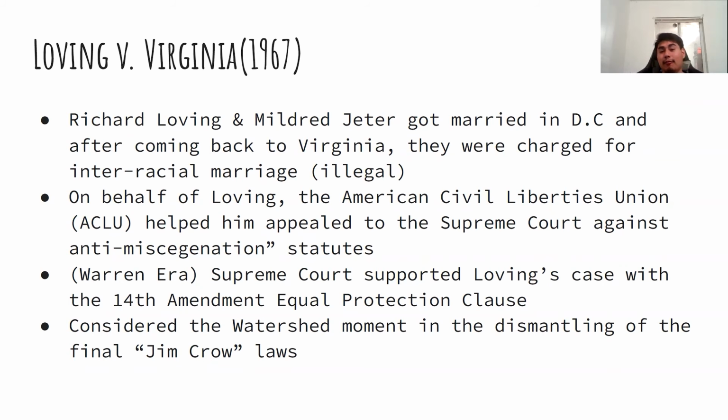On behalf of Loving, a white man, the American Civil Liberties Union helped him appeal to the Supreme Court against these interracial marriage statutes. The Supreme Court, which was during the Warren era, supported Loving's case with the 14th Amendment Equal Protection Clause, and this case was considered one of the watershed moments in the dismantling of the final Jim Crow laws here in America.